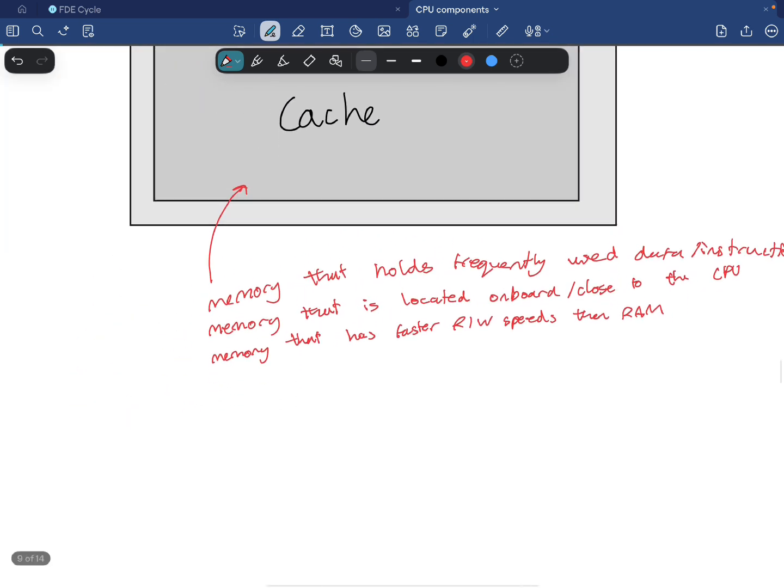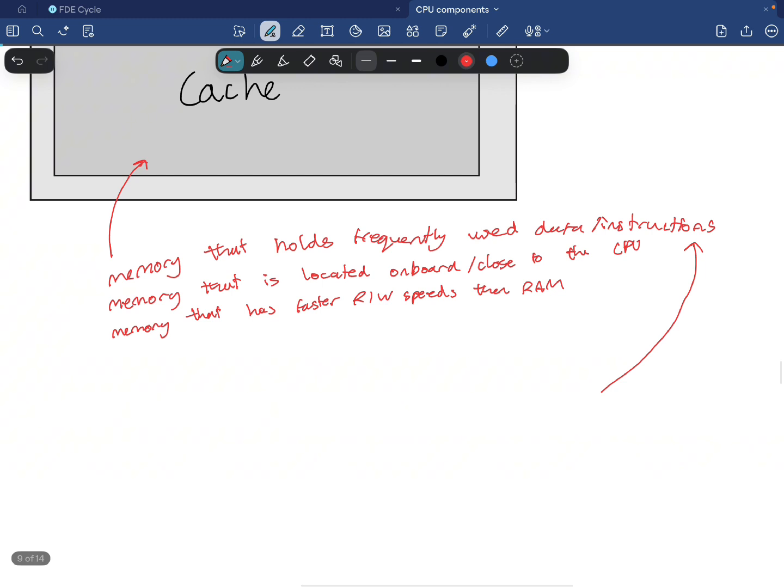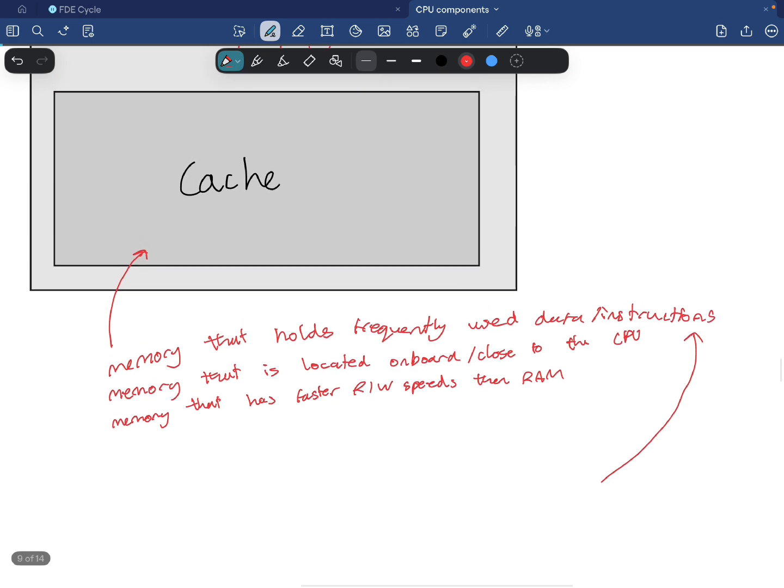Now here, with this first point, memory that holds frequently used data and instructions, let's say you use Google a lot. The computer will recognize that and it will store Google into cache. So the next time you open it, it is much quicker to access the app than storing it in RAM each time.